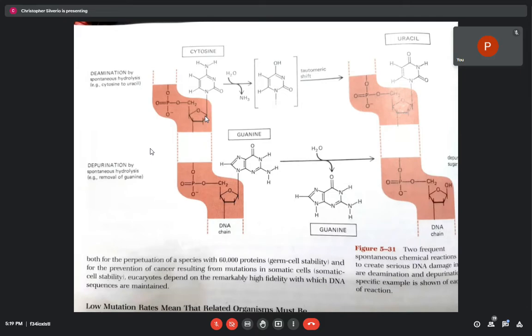That is not a DNA anymore, because a DNA contains purine bases, nitrogenous base, sugar, and phosphate group. That is when abnormal conditions occur in the DNA as a result of amination and depurination.